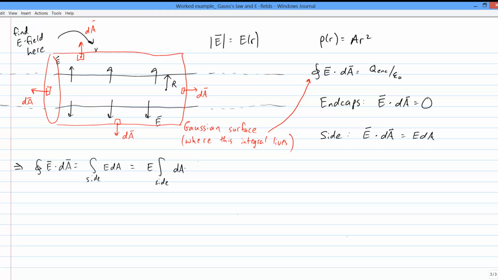And the integral of dA is just A, which in this case is the area of the side part of a cylinder, which is 2πRL. L is a totally arbitrary length, and we won't worry too much about it. In the end, it's going to cancel out. So at this point, we've dealt with the left-hand side of Gauss's law and can isolate E.